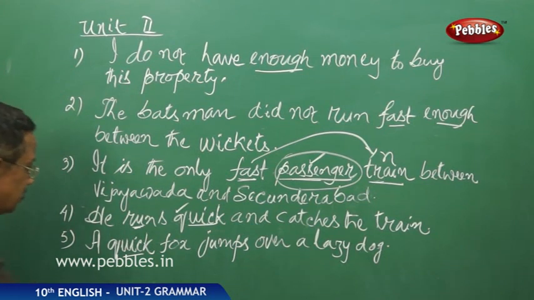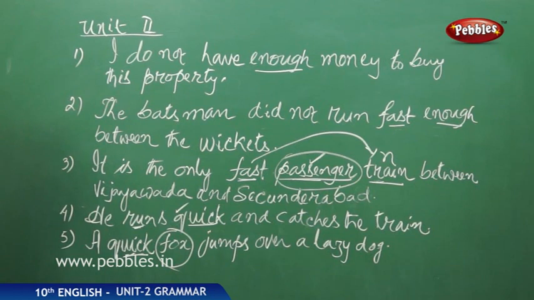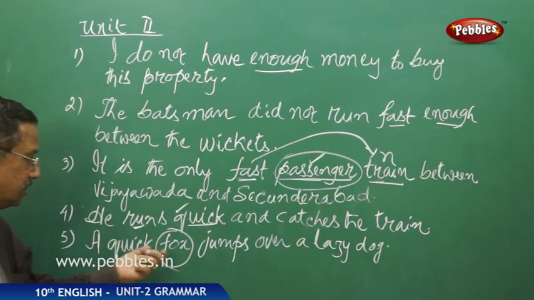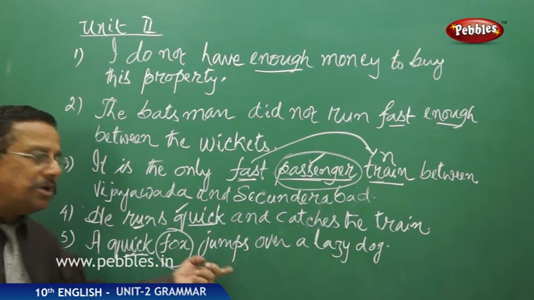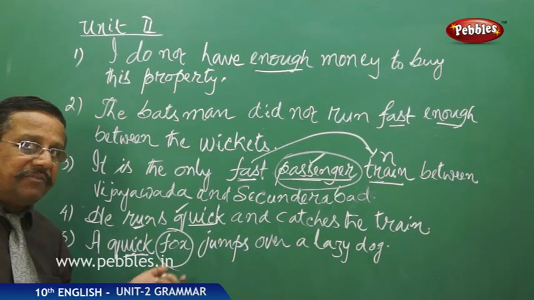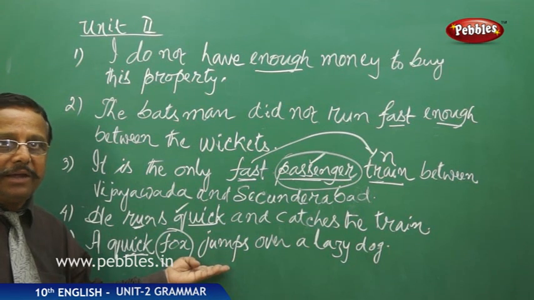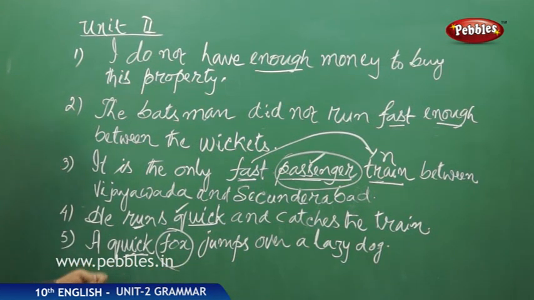So now this quick is qualifying this noun fox. Here, this fox is being qualified by this quick, but not jumps. Quick jump, no, it is not quick jump. Even if it is quick jump, jump becomes a noun. So here it is qualifying this noun, and so it is an adjective.